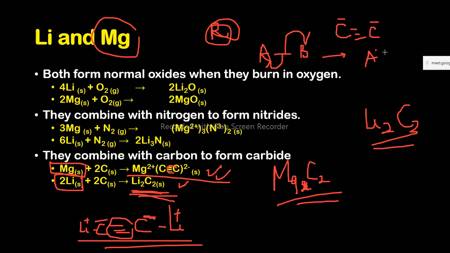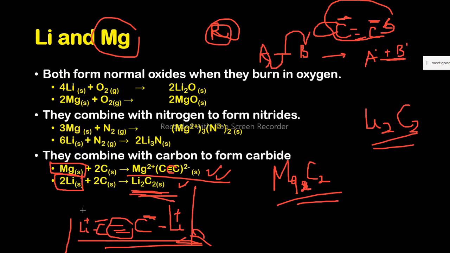They are radicals because they have unpaired electrons. But this is not a radical because you can see they are ions, they have charges. It received 2 electrons from the hydrogen. Even this one also received 2 electrons from the hydrogen. So when they combine with these highly electropositive metals, you form the carbides.